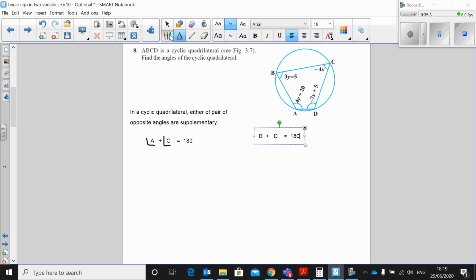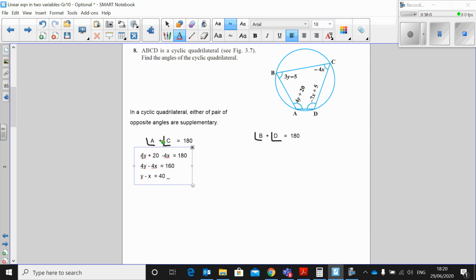Got it? So now let us substitute what is angle A, angle C, angle B and angle D. So let us start here. Angle A is 4y plus 20, and then angle C is minus 4x, which is equal to 180. So let us reduce to the simpler standard form of the equation. So that means 4y minus 4x, which is equal to 160. That means throughout the equation we can divide by 4, y minus x, which is equal to 40.